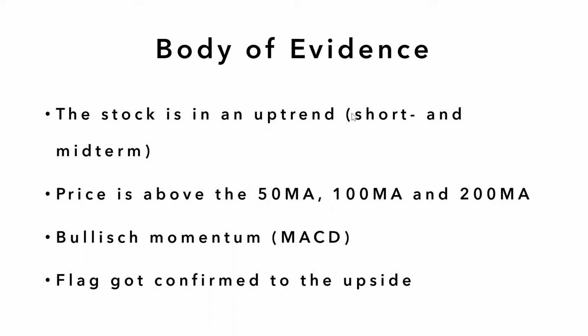When we take a look at the MACD, we can see that we have seen this shift in momentum. We have formed this positive divergence, and the MACD and the signal line are again in positive territory. So this is also a very bullish sign. And our flag, the downward trend, was confirmed to the upside. So this is also a very good sign.